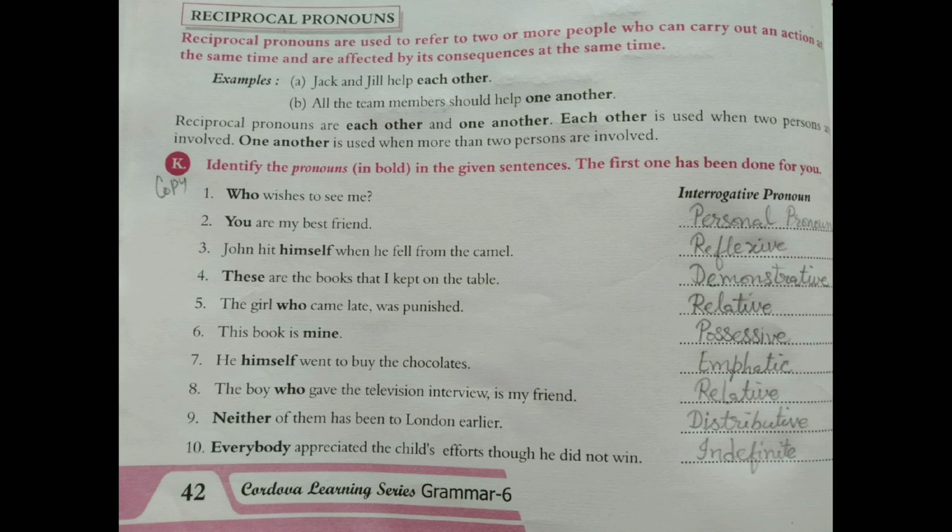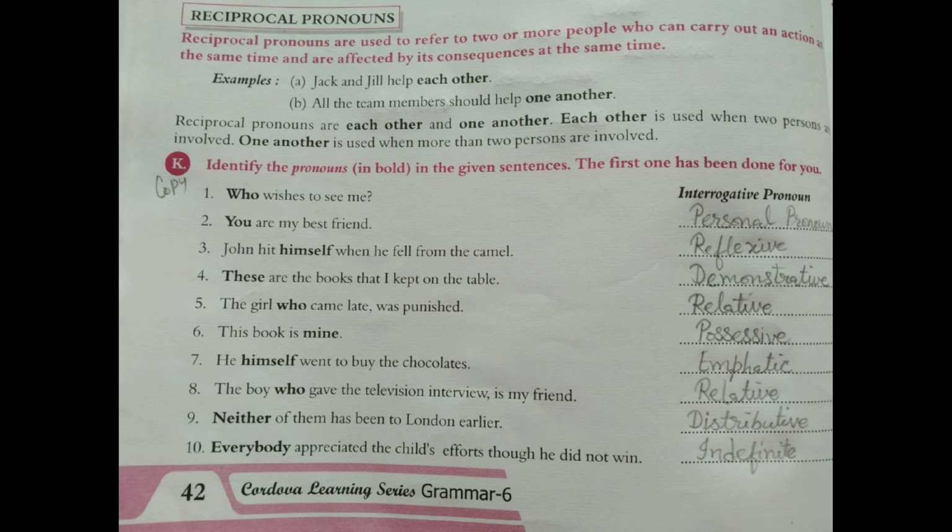Means it is not for one person or one thing. It always refers to at least two. It can be for two or more people because its consequences affect both or all the persons we are referring to at the same time.